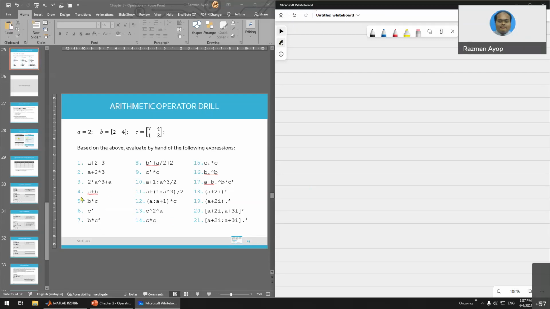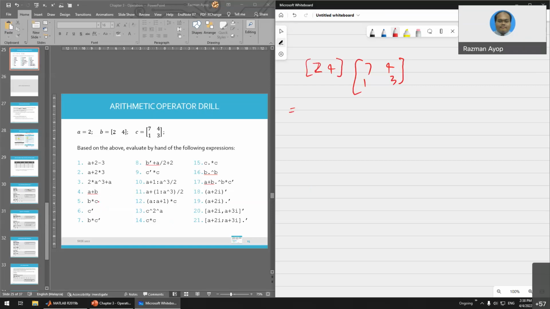How about B multiplied by C? This one is a matrix operation. You can see that there is no dot. So [2, 4] multiplied by [7, 1; 4, 3]. Make sure you recall how to do matrix multiplication from this class.